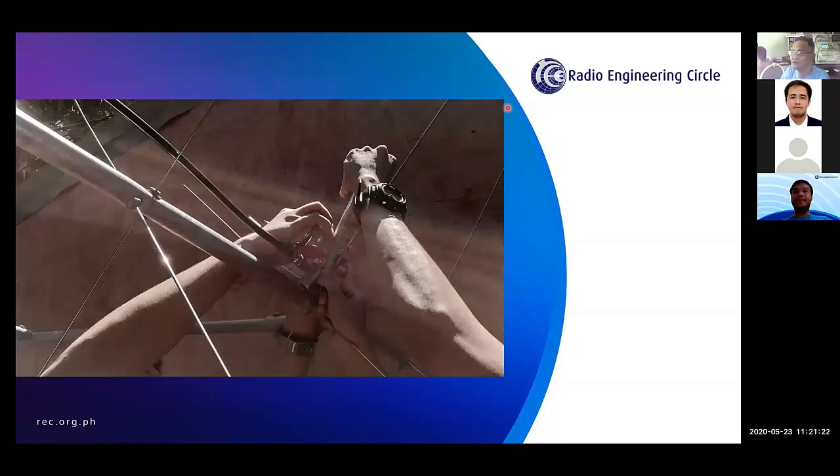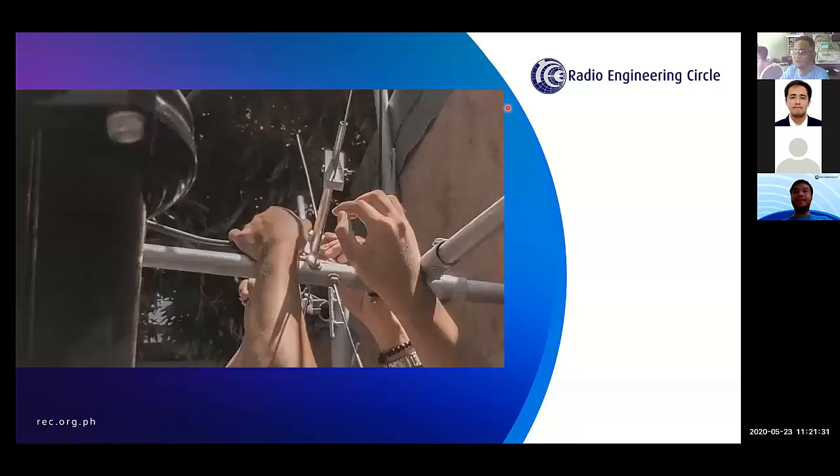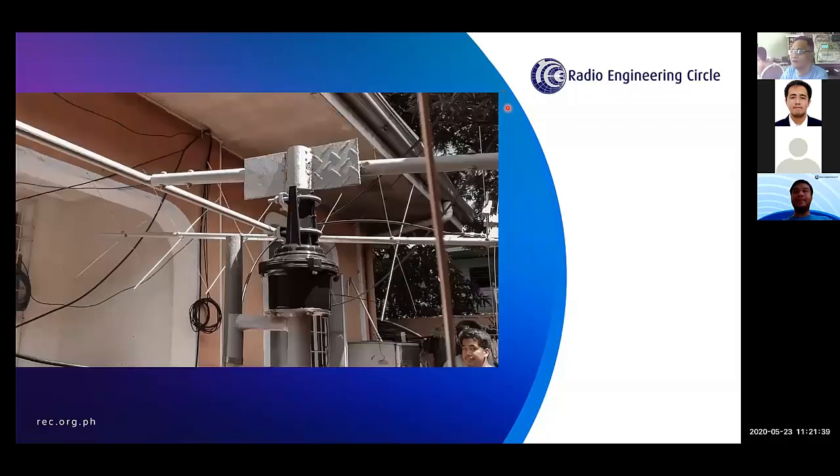Yan, makikilala nyo kung kaninong kamay. Kaya tumitira sila sa gamma match, susukat maigi, ang actual. See? Sa susunod, lagyan nyo ng pangalan yung mga kamay nyo. Call sign. Para makilala kayo na talagang kayo yung gumagawa.